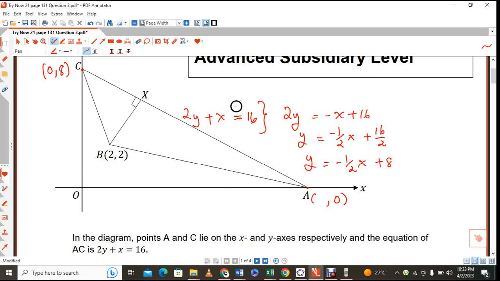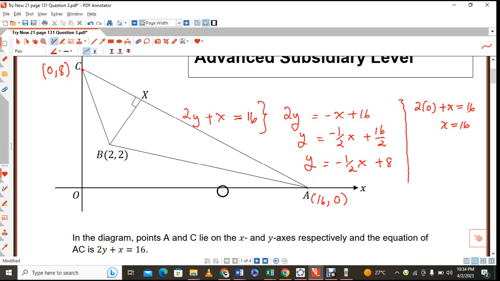You can play around with the given equation. I can take y equals minus 1/2 x plus 8, or I can take 2y plus x equals 16. To find this particular point, I'm going to say y will be 0, plus x equals 16, therefore x equals 16.